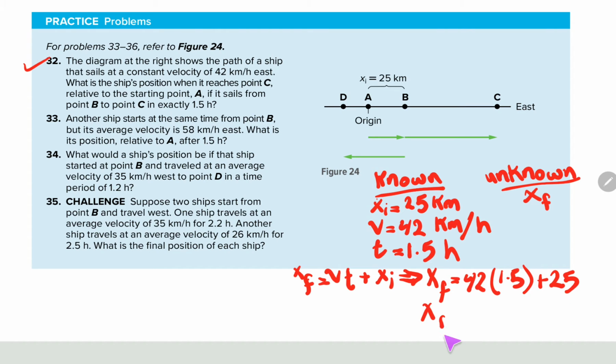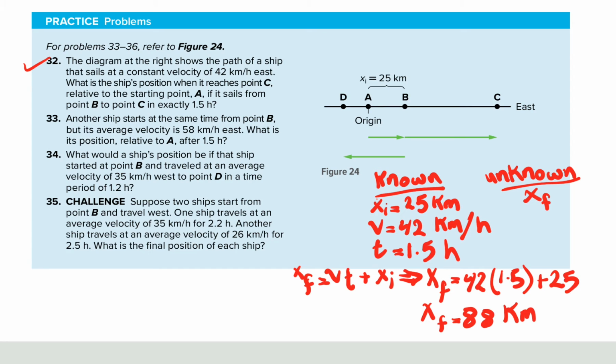So the final result for x final should be equal to 88 kilometers. And this is for the first question.